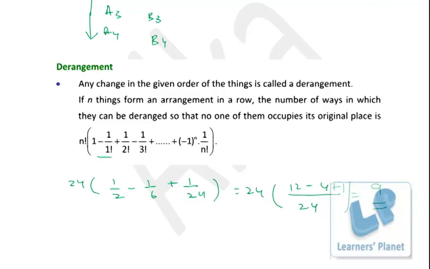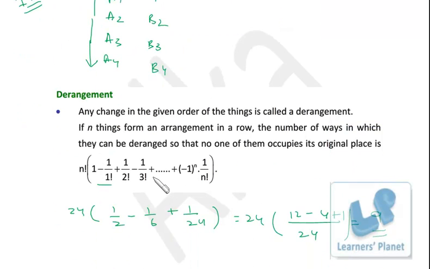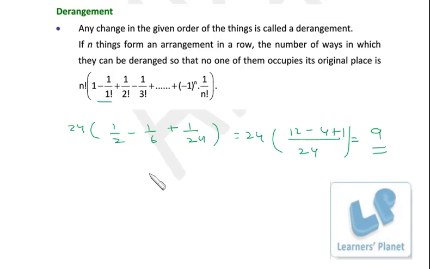for this arrangement, when A1 is teaming with anybody else except B1, A2 is teaming with anybody else except B2, and so on. So in all we'll be able to get 9 teams. Now for a single game 2 teams are required, right?